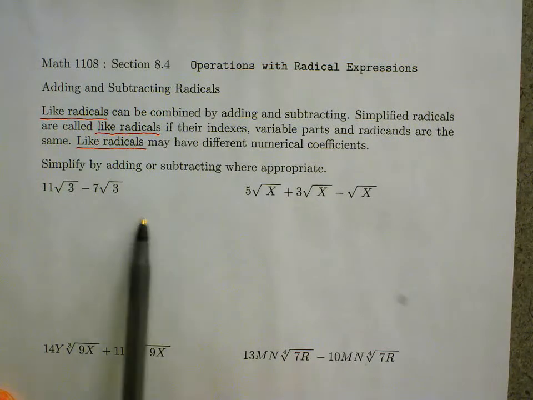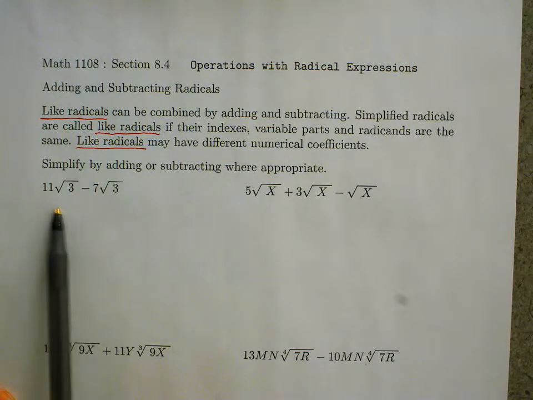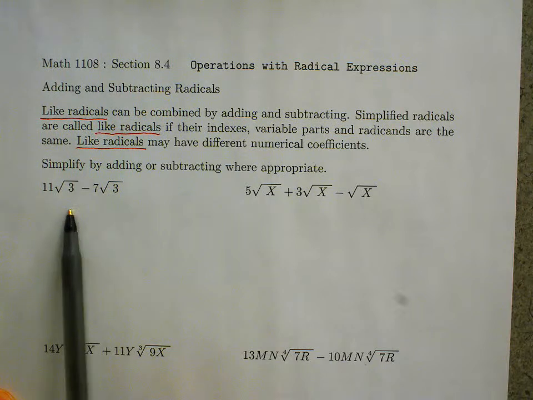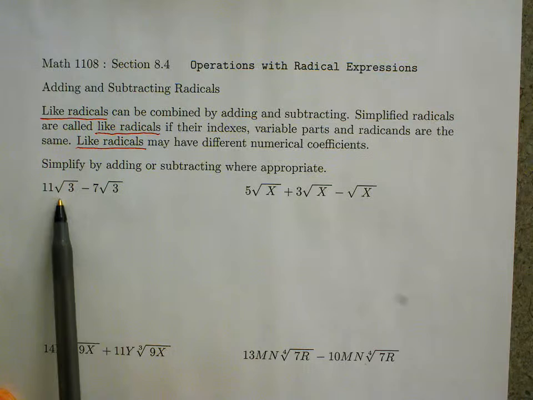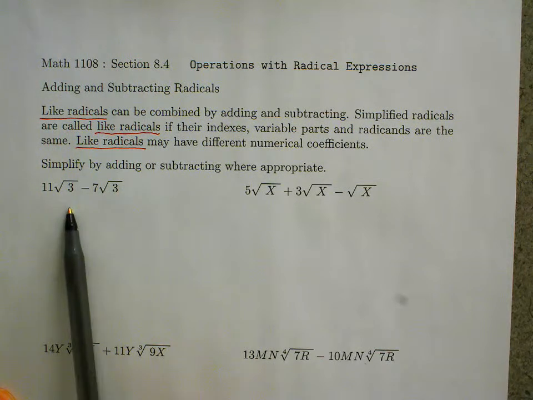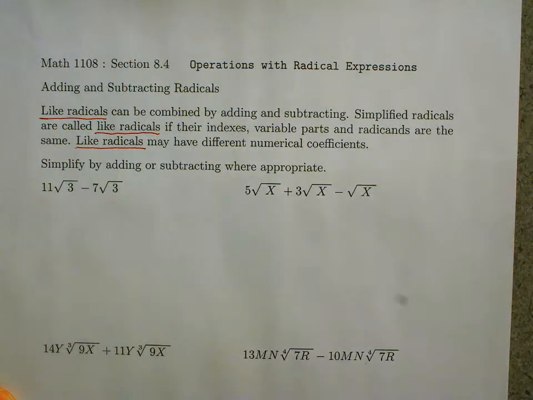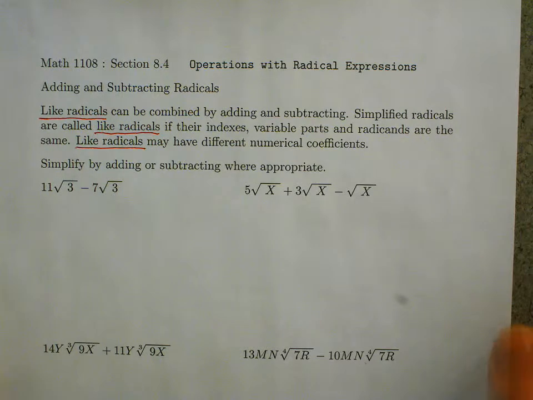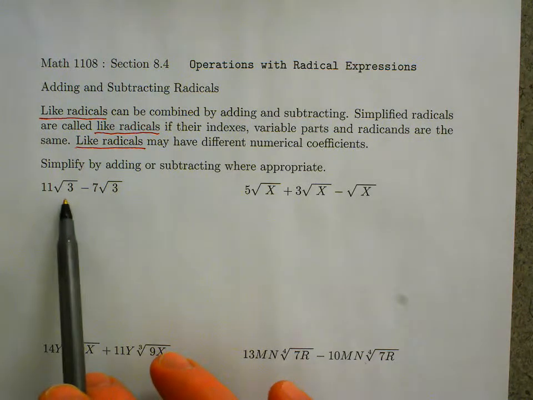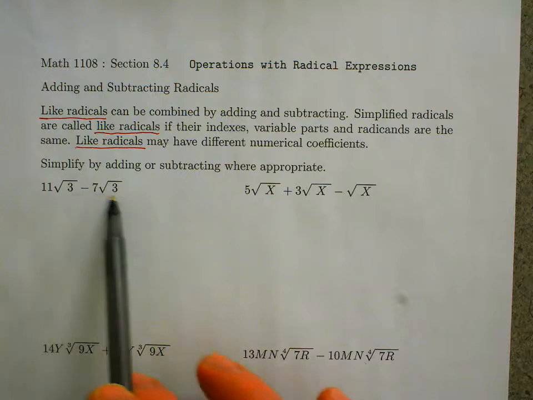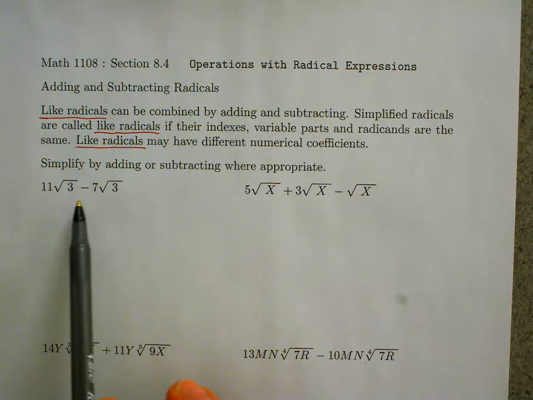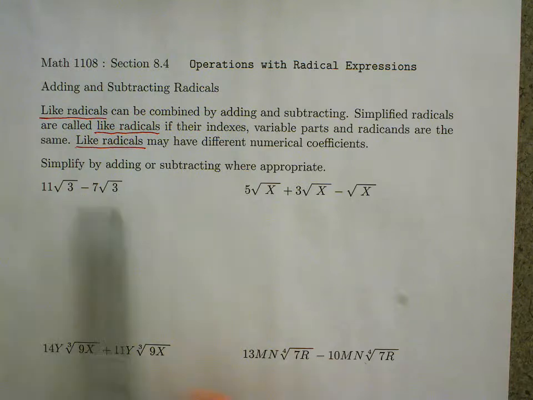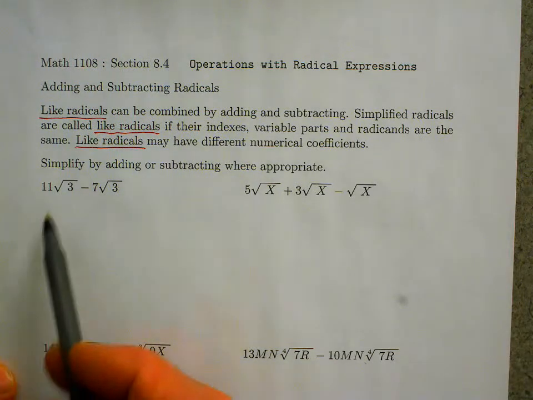Okay, in this first example, simplify by adding or subtracting. Here we have 11 times the square root of 3 minus 7 times the square root of 3. First note that the square roots are as simplified as they can be. And since we're subtracting, we can combine by subtracting.